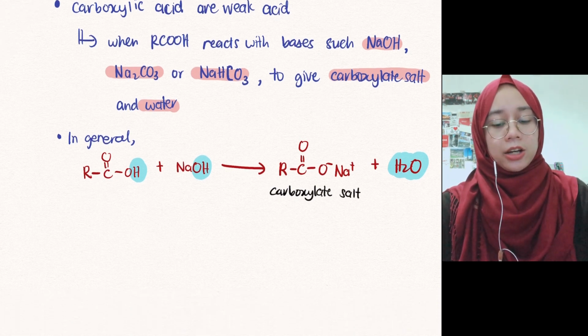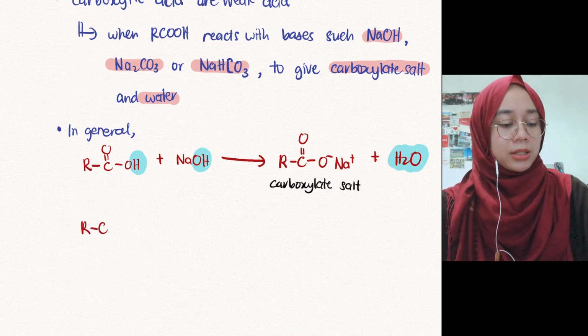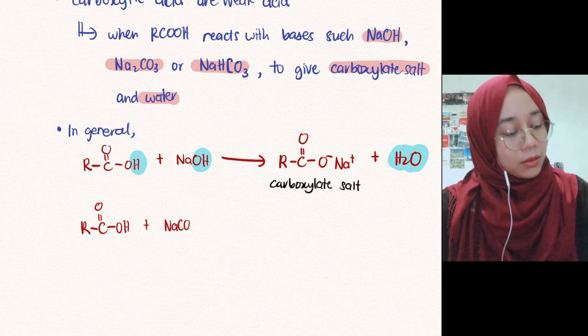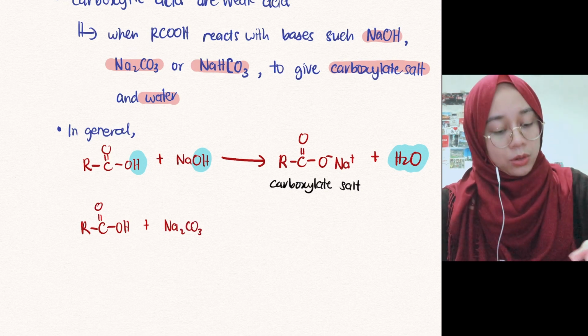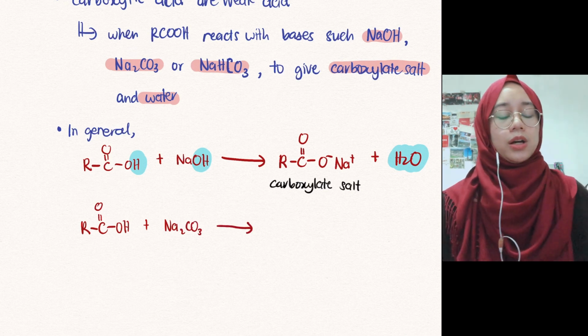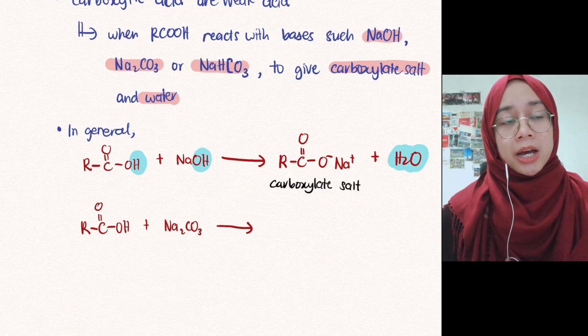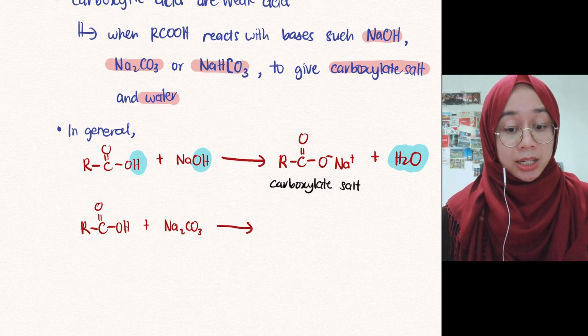And then kalau kita tengok pula reaction antara sodium carbonate, Na2CO3. So since kita punya base ni dia ada carbon, so ada extra satu produk lagi yang terhasil selain water.